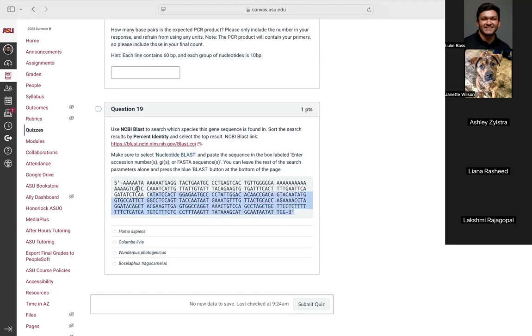And then you'll copy and paste this DNA sequence. This is already technically in the correct format to be used for a blast query. So then you'll just blast it and it'll come up with thousands of matches, but you're just going to be looking at the top one and finding which organism it comes from.